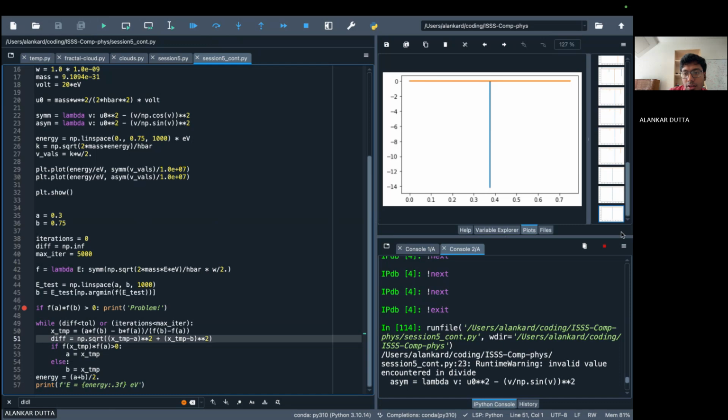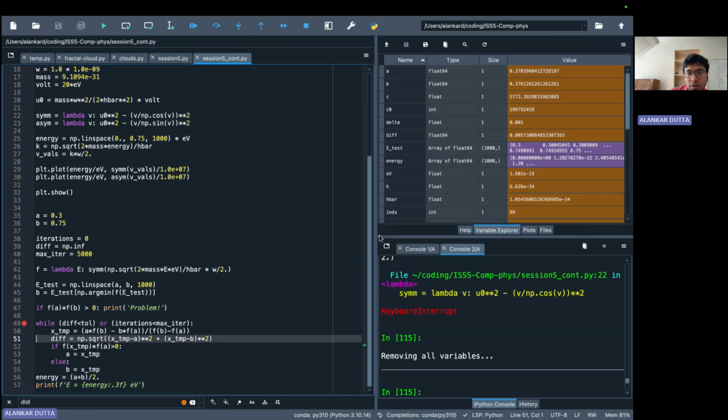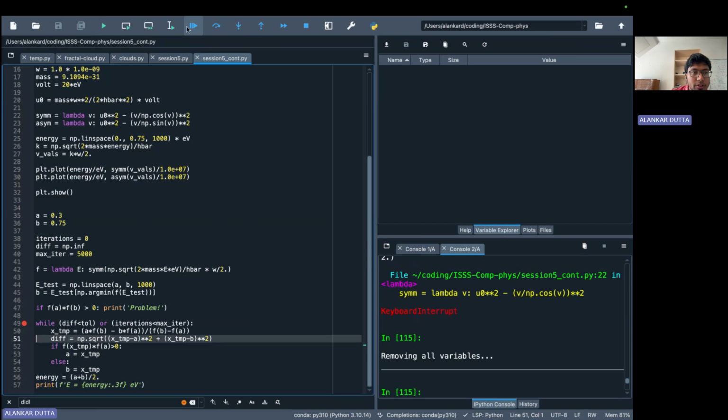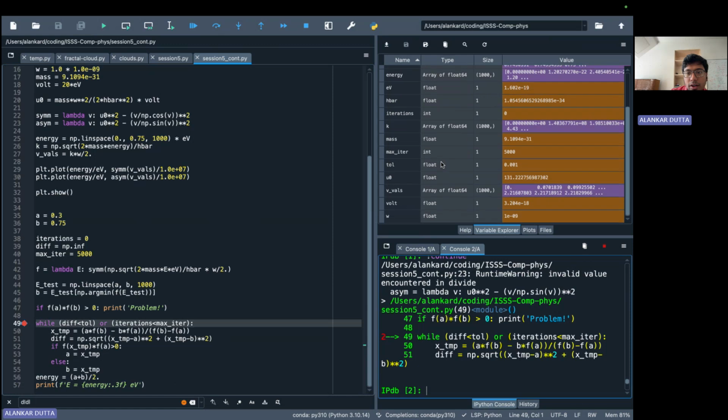Okay, it's taking forever, so there must be some problem with it. So let's try to figure that out. So this is fine. Then we just straight away move on to the while loop. Let's get to the variable explorer, remove everything that we have, and we are off to this. And here we are. We have the k values and things like these.